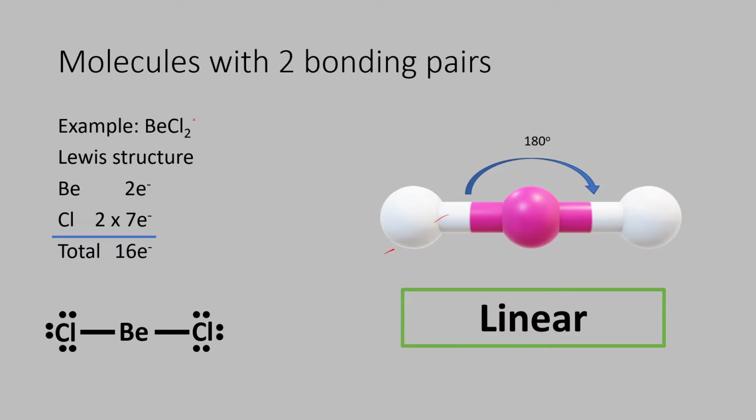For an example, kalau barium dichloride ni is 2-, for example lah, contoh. Lewis structure also must have bracket and 2-. Sebab kalau you tak ada ni, you can lose up to 2 marks, 1 to 2 marks.